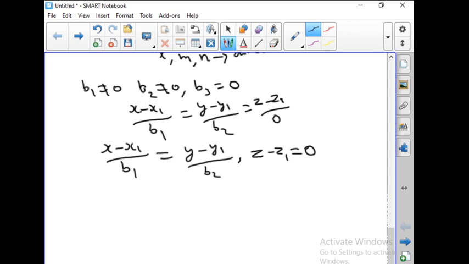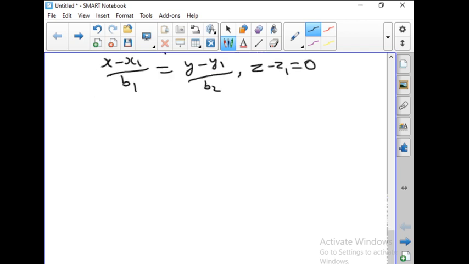And then we know that the direction cosines, DCs in short, of x-axis are 1, 0, 0.